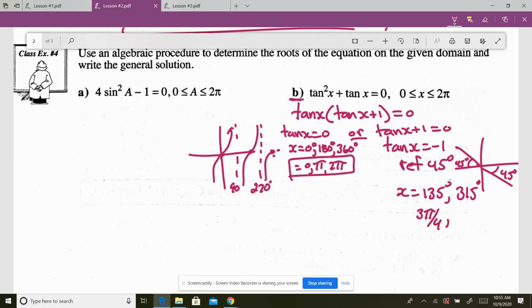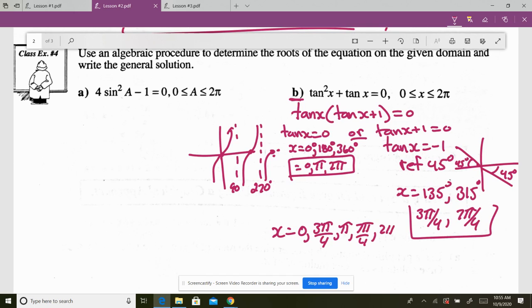So 3 pi over 4. And how many are in 315? 7. 7 pi over 4. So all of your answers, you have 5 of them now, are 0, 3 pi over 4, pi, 7 pi over 4, and 2 pi.